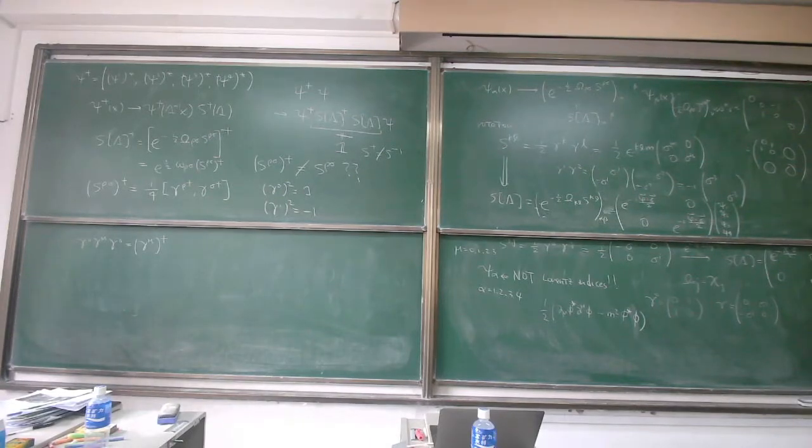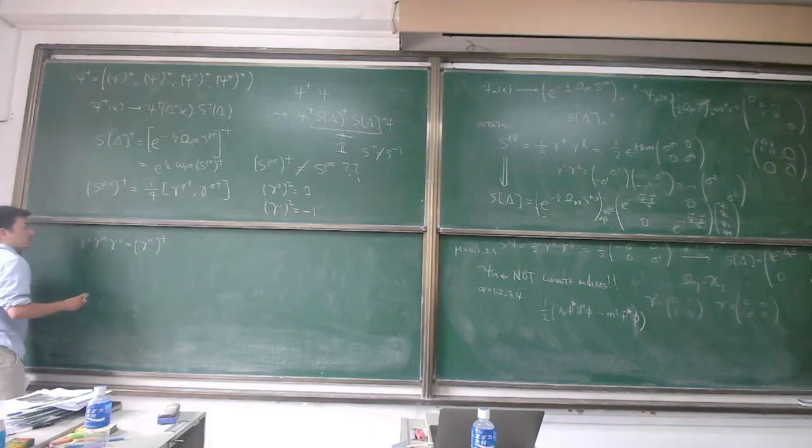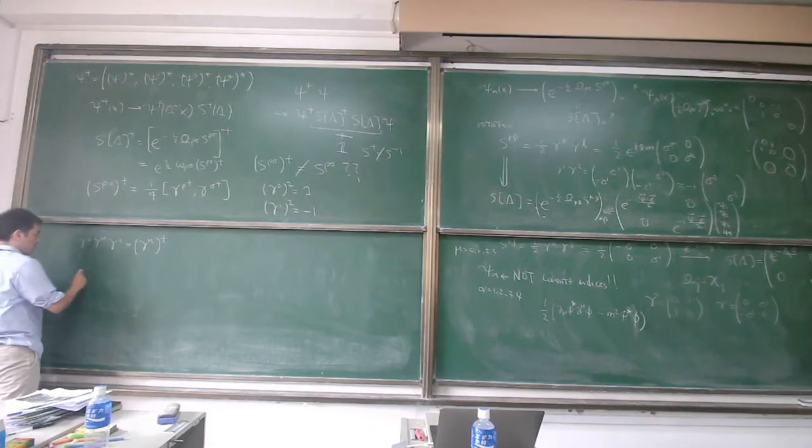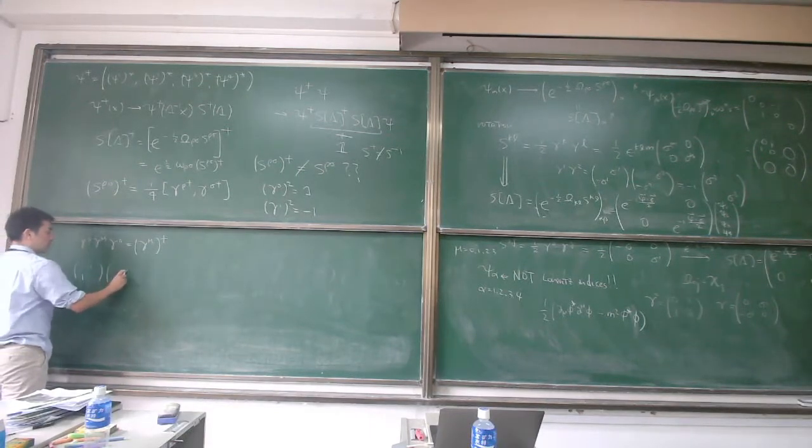Here you can easily check the computation. So here, gamma 1, gamma 1, sigma i.